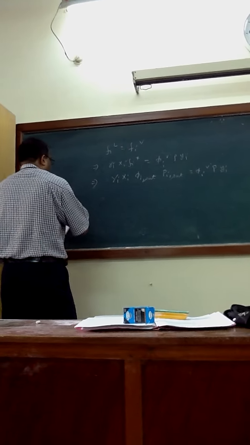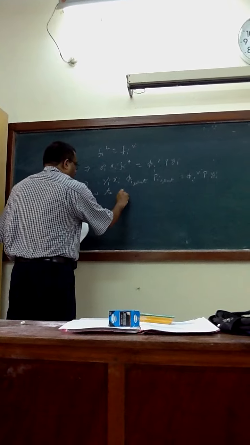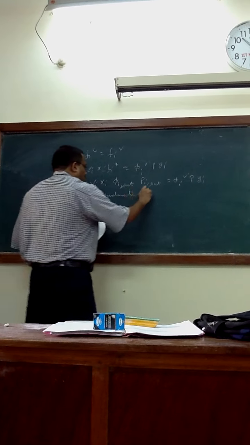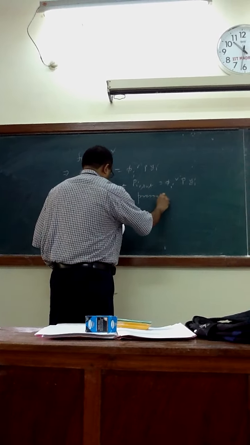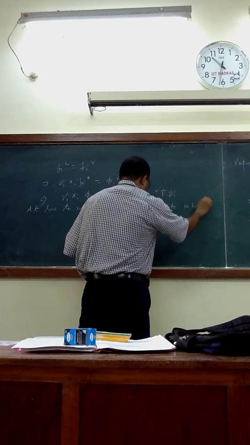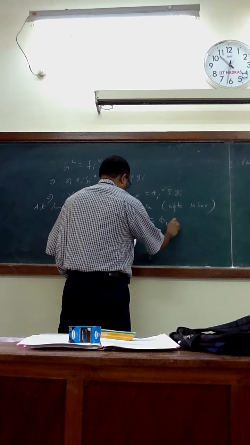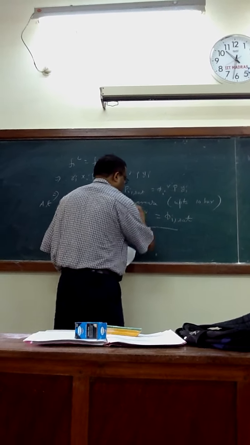So at low to moderate pressure, up to 10 bar pressure, we can write phi iV equals phi i sat. That's a very important approximation.